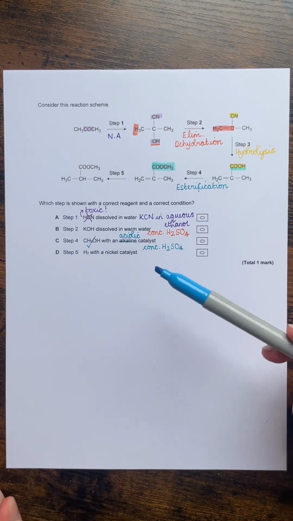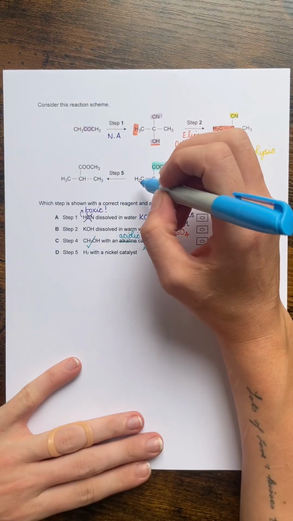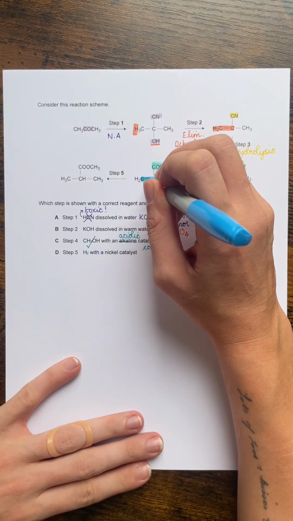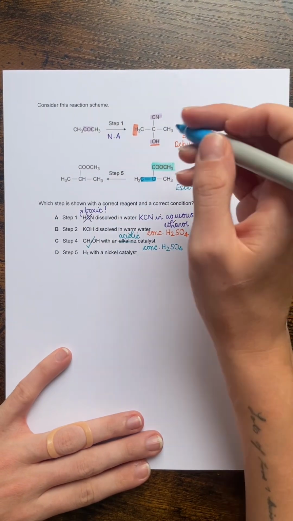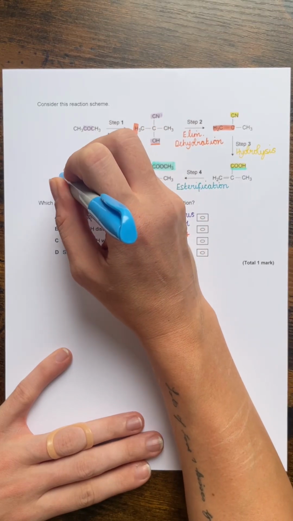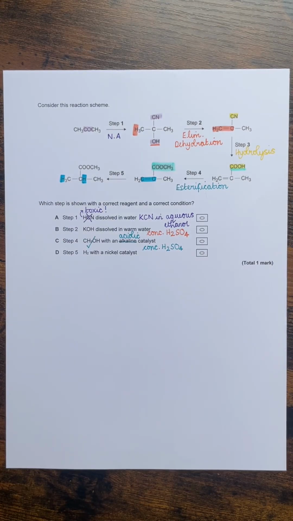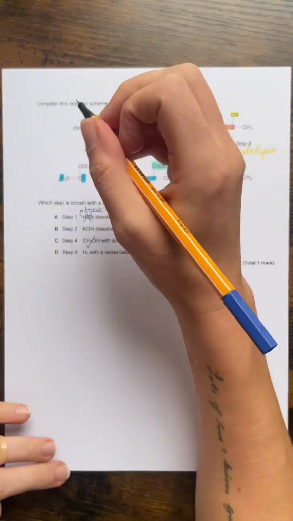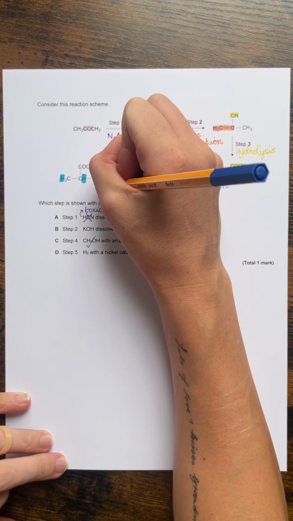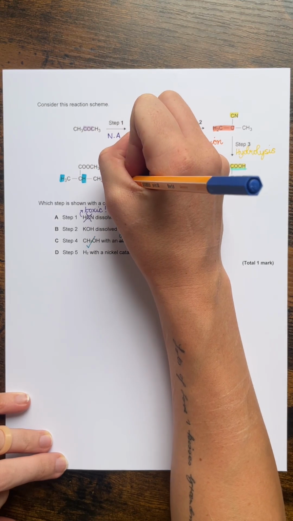In step 5, we are opening back up the double bond that we made earlier, and we're popping a hydrogen onto each carbon that was previously a part of the double bond. So you could do an electrophilic addition mechanism for this, although it's not one, again, that we would usually do.